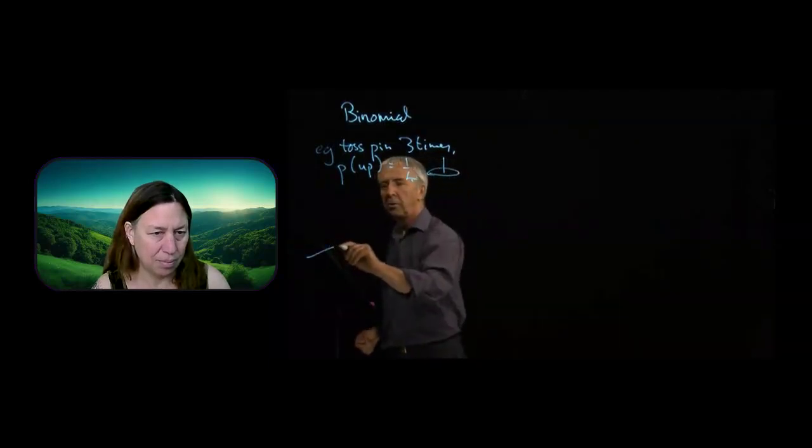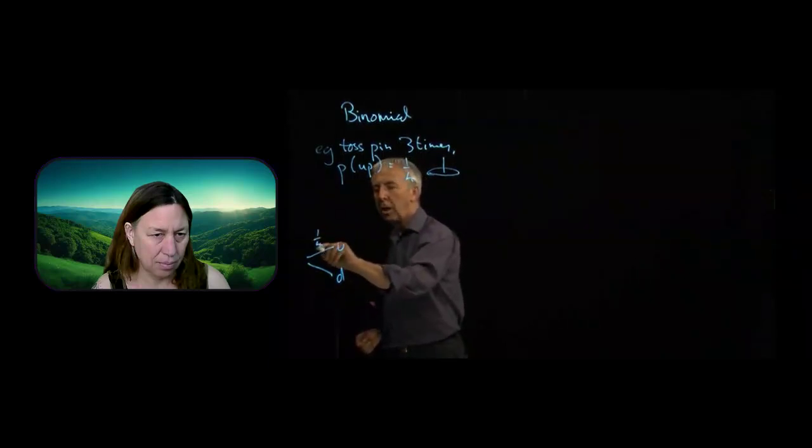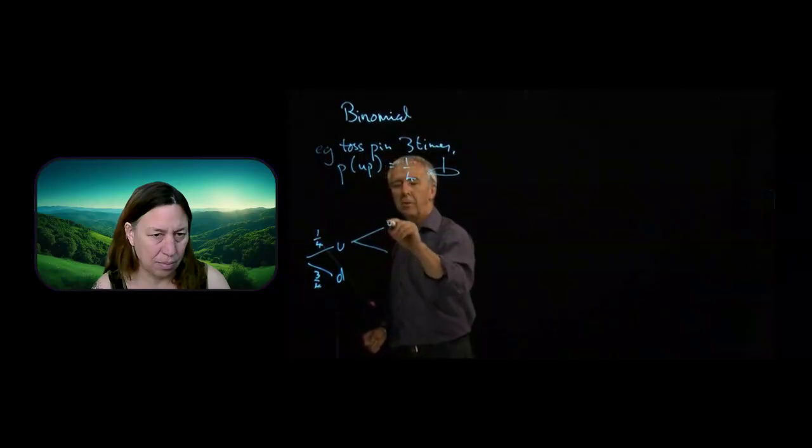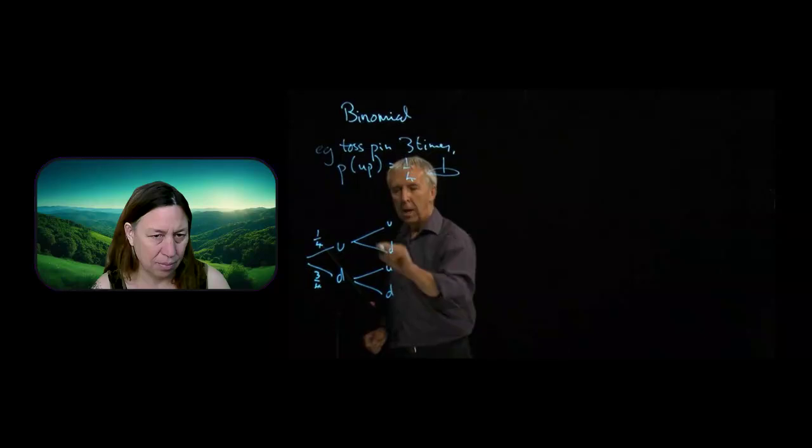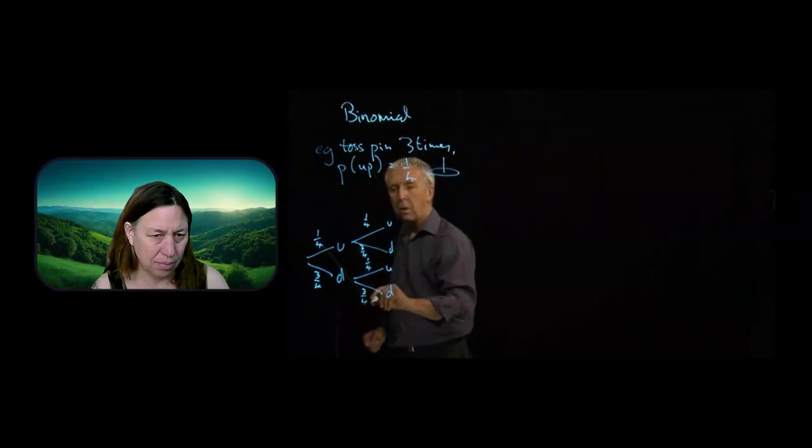The first toss of the drawing pin, we can have up or down, and that's 1/4, and that's 3/4. And we can have the second throw. Again, it's 1/4, 3/4, 1/4, and 3/4.